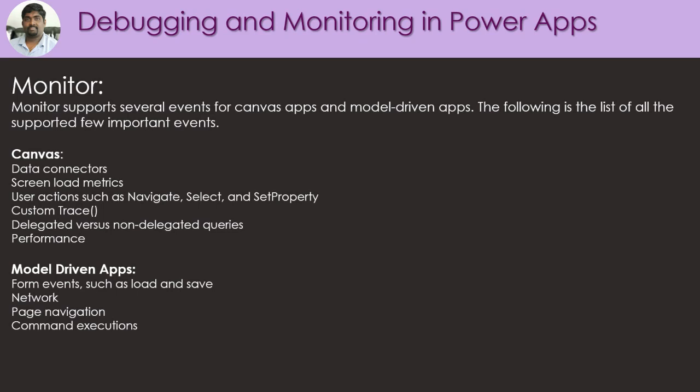I can see what action the user selected, whether it is navigating between screens, selecting a specific control or hitting a button. Each and every action we can see as part of Monitor. I can also add custom logs in the monitor window, and see performance metrics, such as how a particular filter or lookup query is executing, whether it is doing an iterative query, taking a long time, or working smoothly.